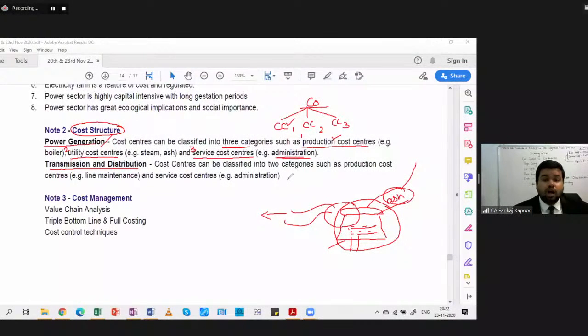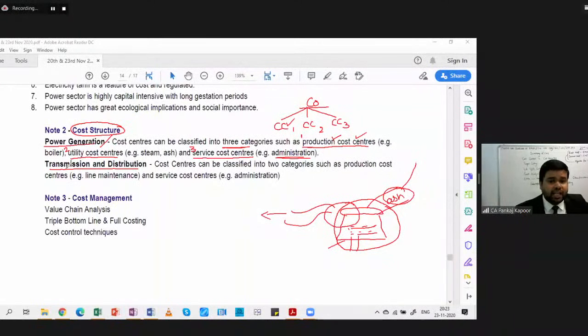So what are the three categories of cost center possible for any power generation company? The first one is the production cost center, managing the dam itself, then the utility center, the turbine, then the service cost center, the administration support.